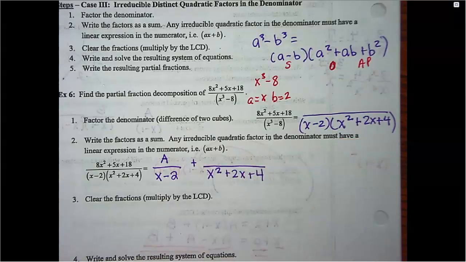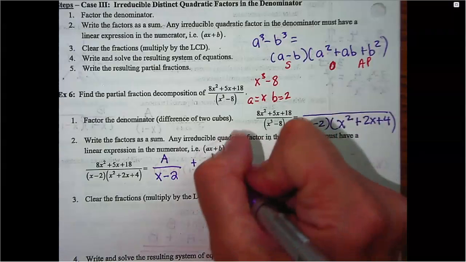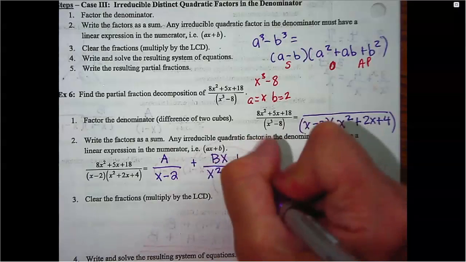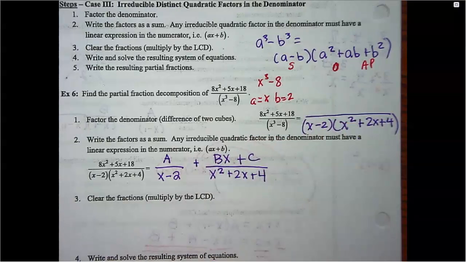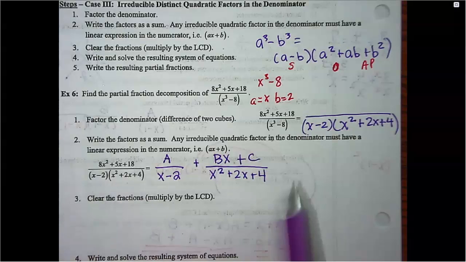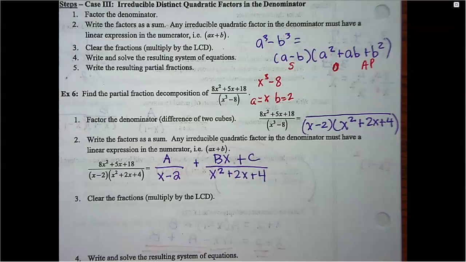So the numerator is going to be linear, which is mx plus b, or you could say bx plus c. So bx plus c is a line. Our goal now is to find a, b, and c and break this complicated fraction up into smaller pieces.